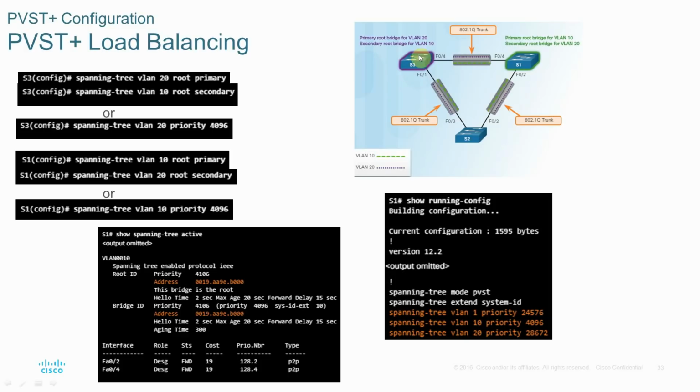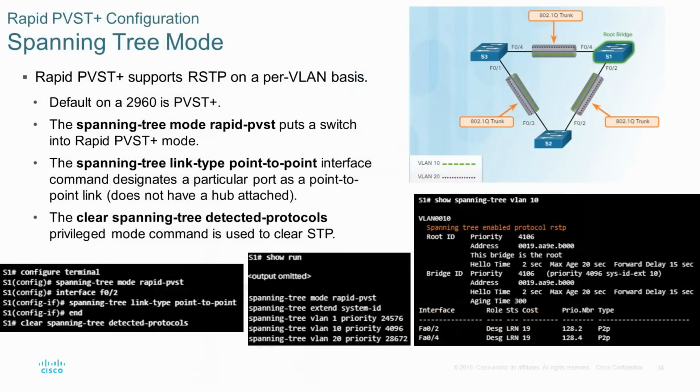Switch 3 is the primary root bridge for VLAN 20, but the root secondary, the backup, for VLAN 10. Switch 1 is the root primary for VLAN 10, but root secondary for VLAN 20.